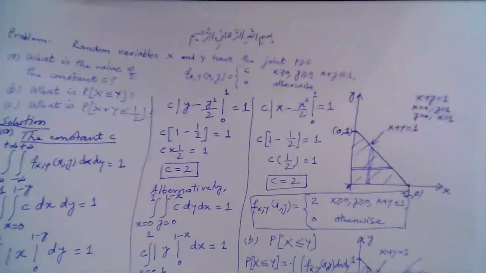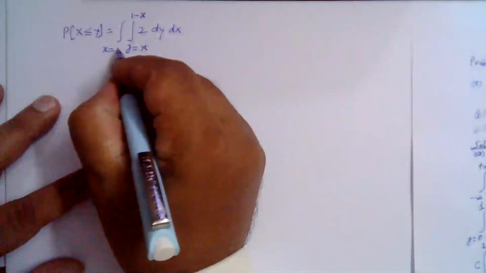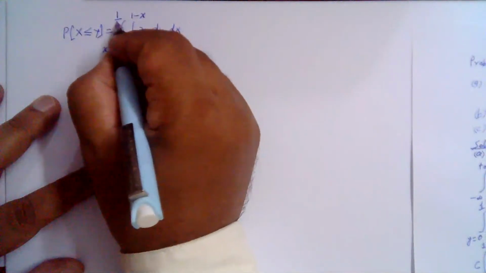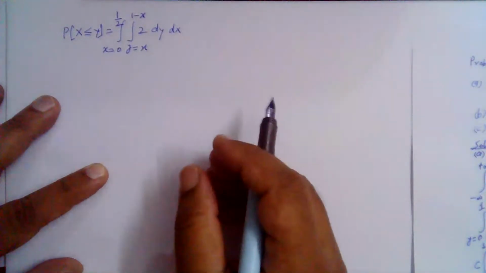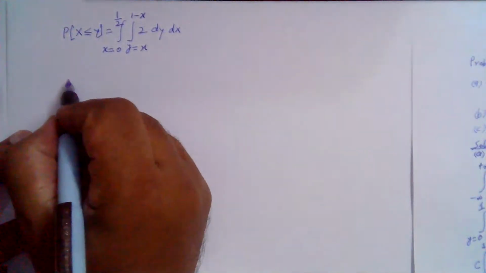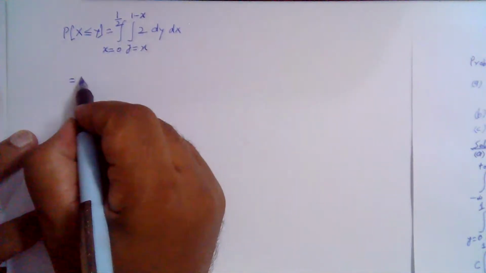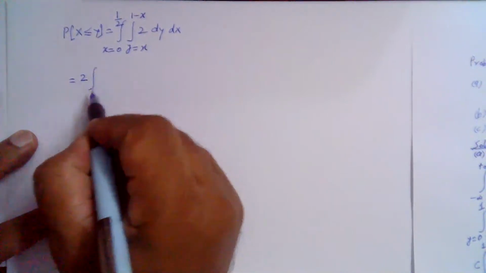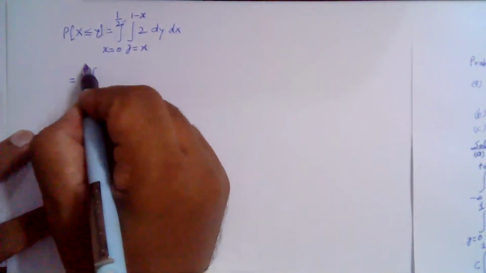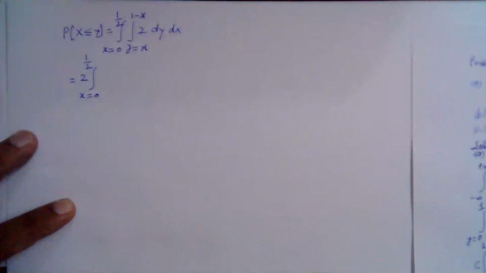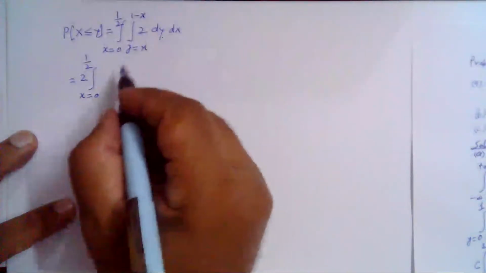And x is 0 here, and till here it is 1 over 2. So x changes from 0 to 1 over 2. So we can take the constant out. So x is equal to 0 to 1 over 2, and we have y here.